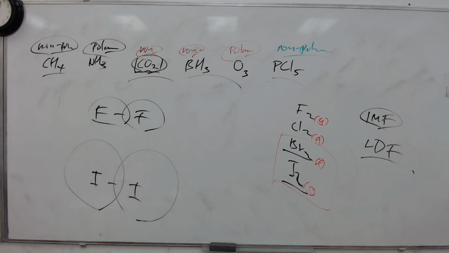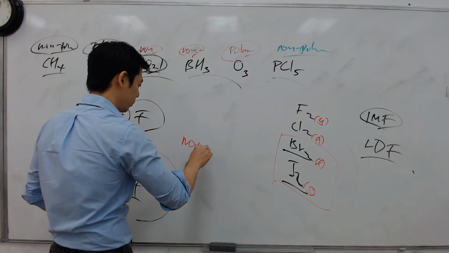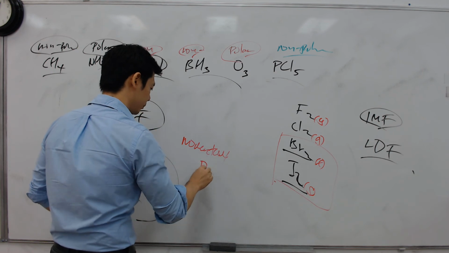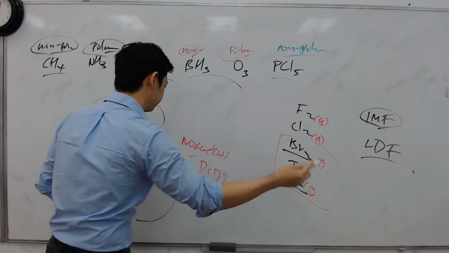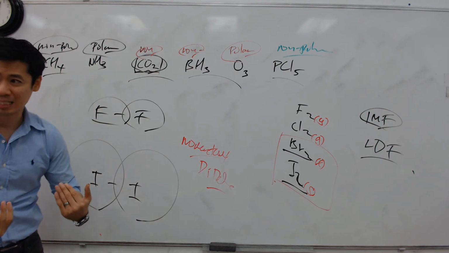They have a lot more electrons compared to F2. The term you have to know is momentary dipole. So here is what it means.